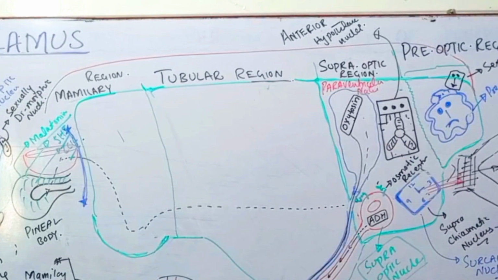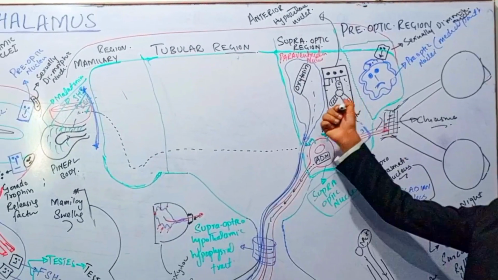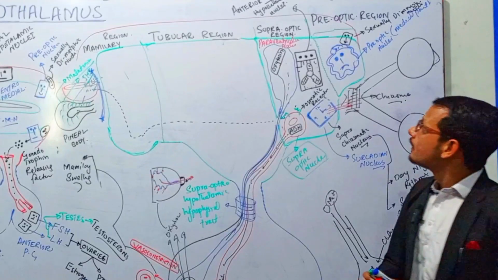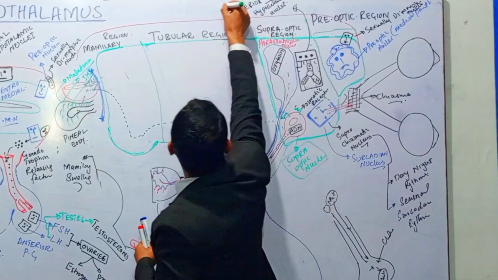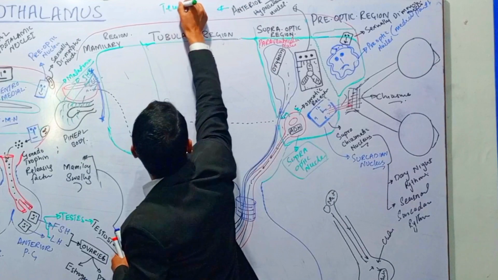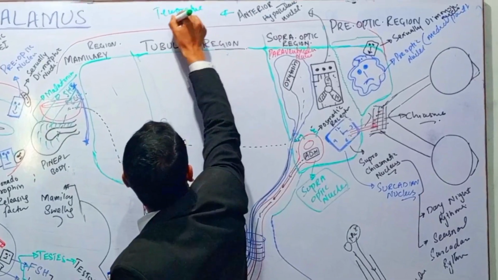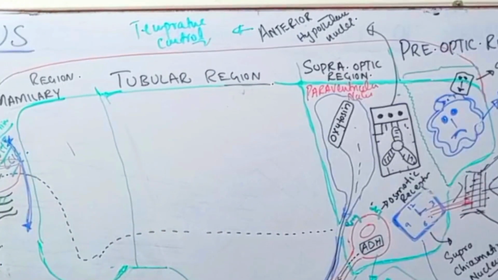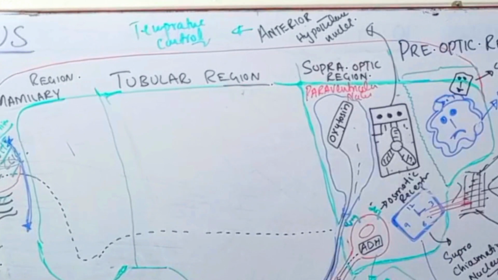And when our body temperature is high, this nuclei is responsible for decreasing temperature, right? Temperature control. You must have heard that hypothalamus is responsible for thermoregulation, and this is the nuclei which is responsible for thermoregulation.